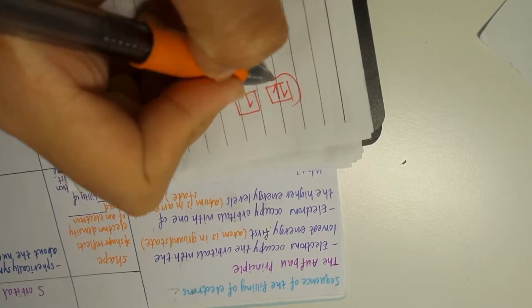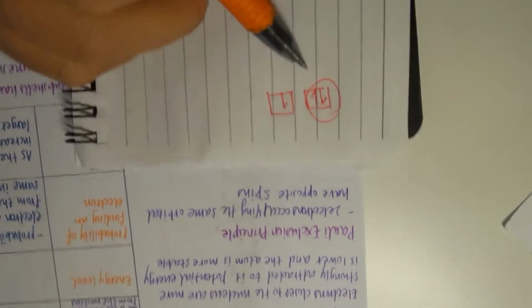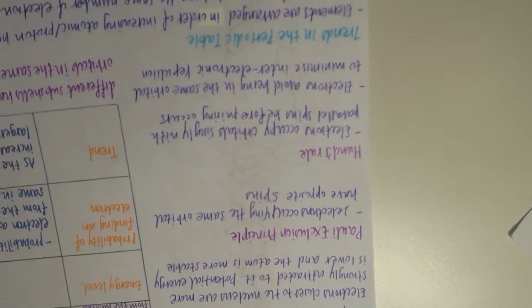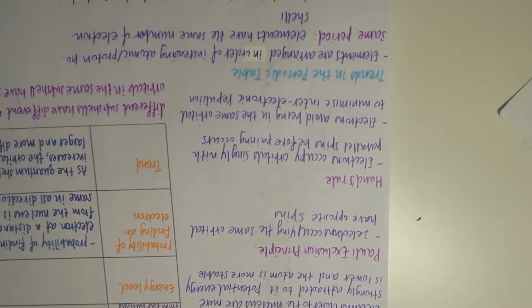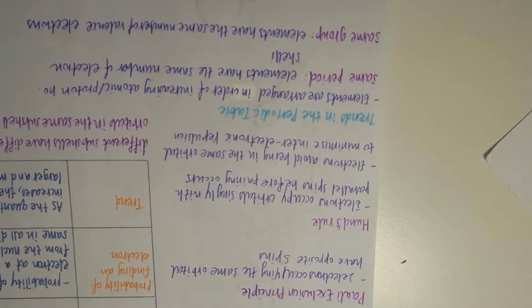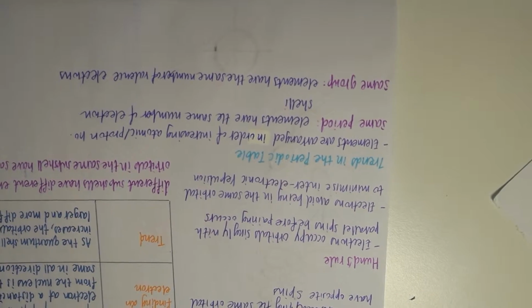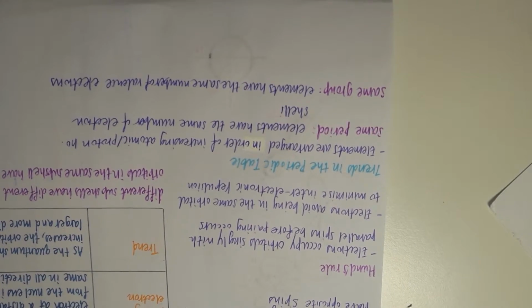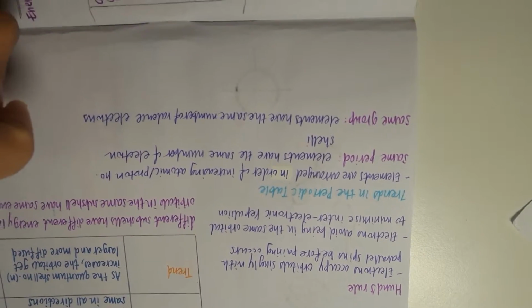So this is called opposite spins. So Hund's rule is basically that electrons occupy orbitals singly with parallel spins before pairing can occur, as I've said earlier. Electrons avoid being in the same orbital because they want to minimize the inter-electronic repulsion between the electrons.